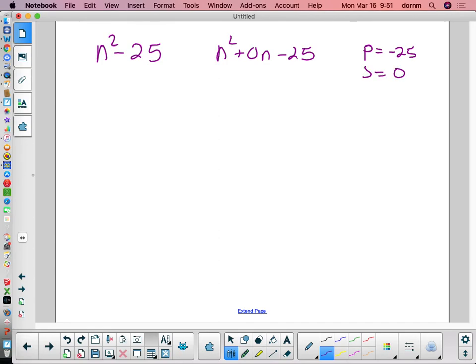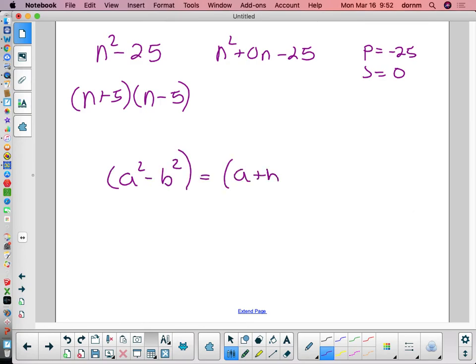What two numbers multiply to give me negative 25 and add to give me 0? Negative 5 and positive 5, right? n plus 5, n minus 5. It's called difference of perfect squares factoring. Okay, it's a pattern. If you remember it, it makes your life easier. It simply says that a squared minus b squared always factors into a plus b, a minus b.